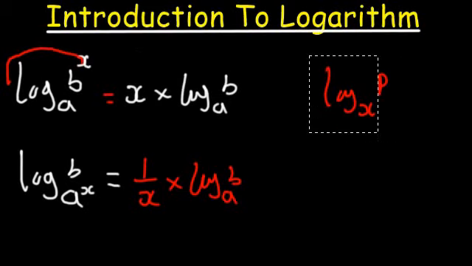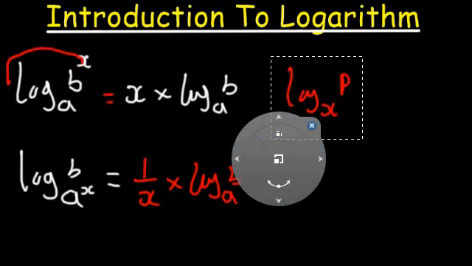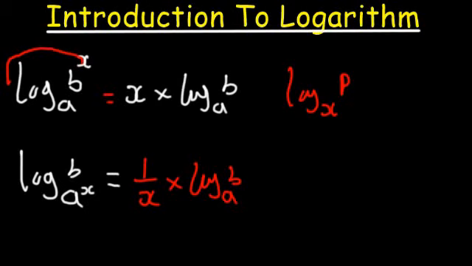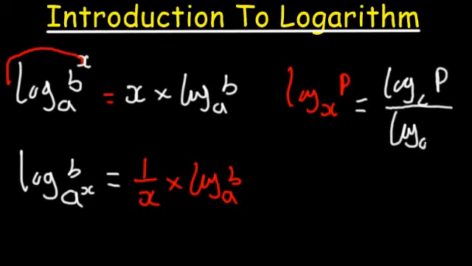Let me just shift this a little bit, so that there will be enough space in which you will be able to change the base. In this case, this simply equals to, let me say I just want to change the base from x to a base of c. This will be equal to log of base c to p divided by log of base c to x.